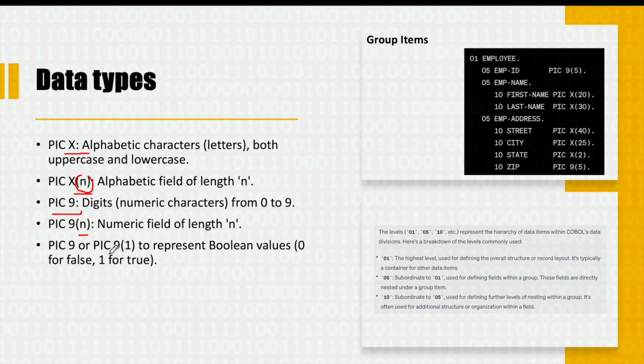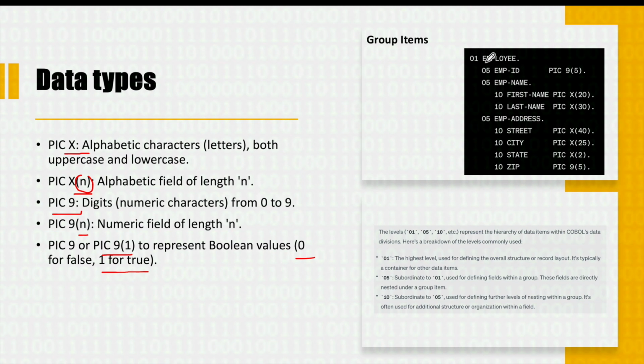And for a Boolean representation, you can say PIC 9(1), wherein if the byte has the value 0, it is false, and 1 it is true. And when we write the data structure, we typically use group items.